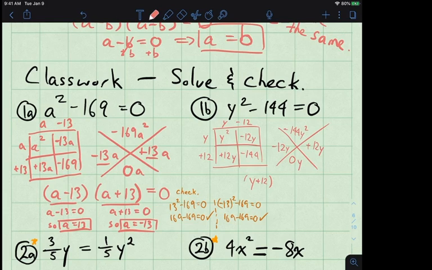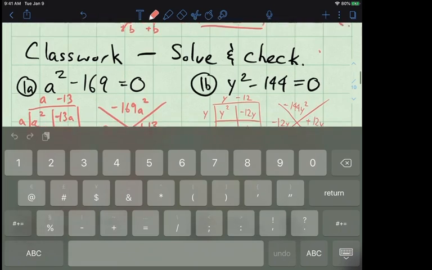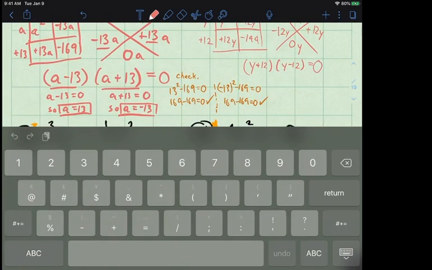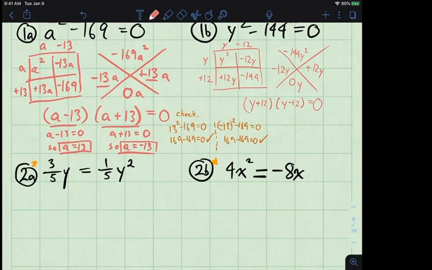We've factored it now. And we solve. Since I'm running out of space, we see that y equals positive 12 or negative 12. We're going to skip the checking.